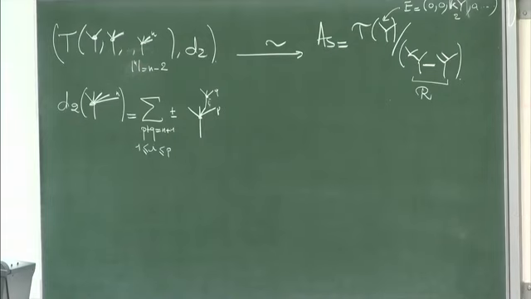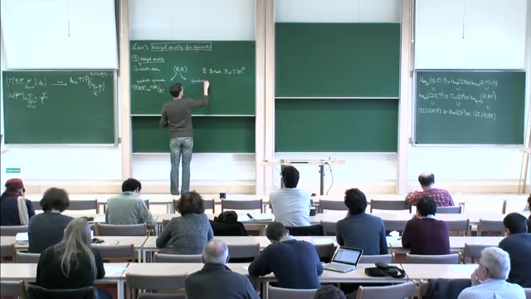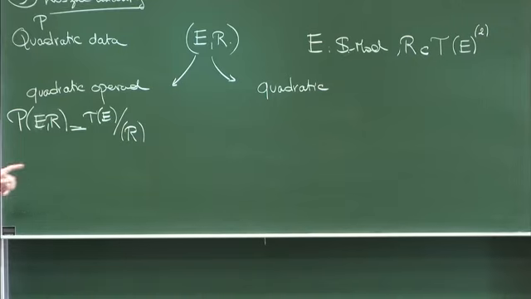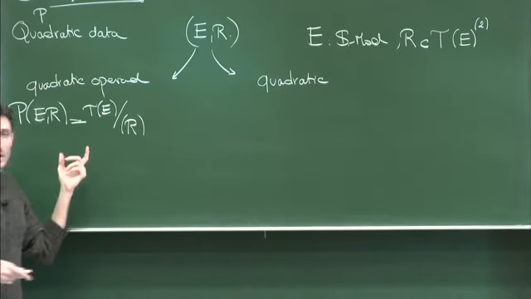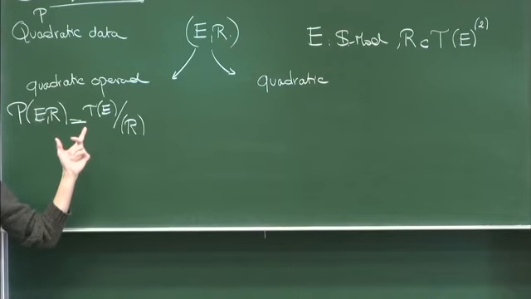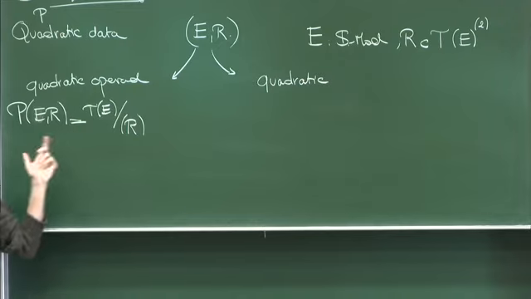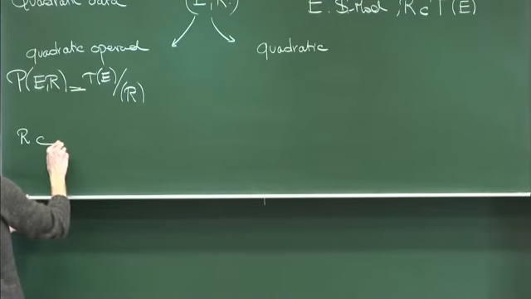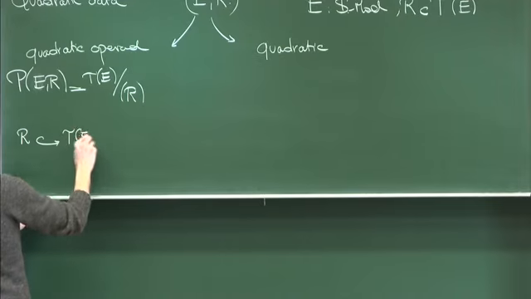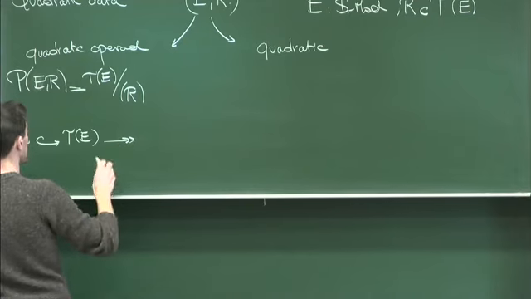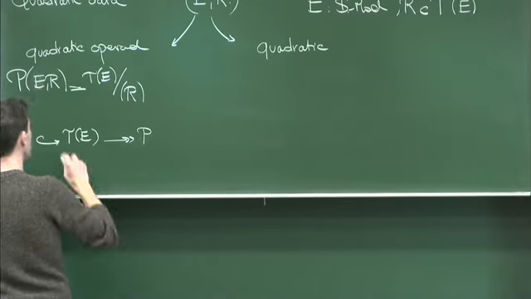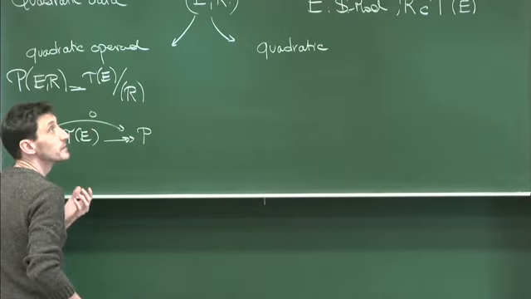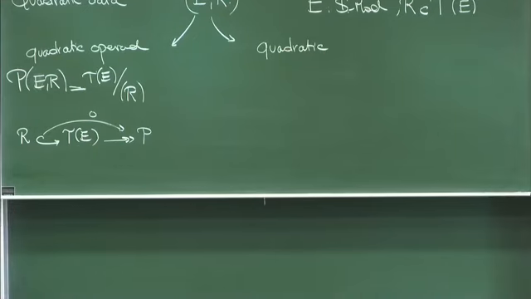Now you do exactly the same thing. Oh, I'm sorry, I'm doing a bad job. Last time I defined this by a universal property. If you remember, this operad was the initial object in a certain category, defined for operads exactly in the same way as for algebras. So let me remind you what we had last time. R was living in T of E, and I was looking at operads under T of E such that the composite R to T of E to P is equal to 0.